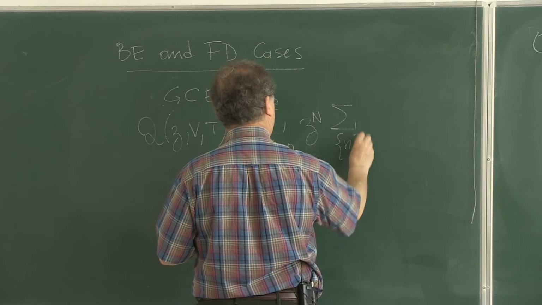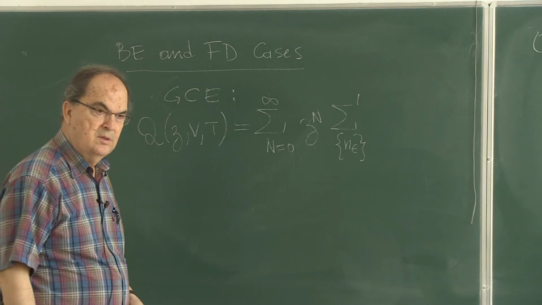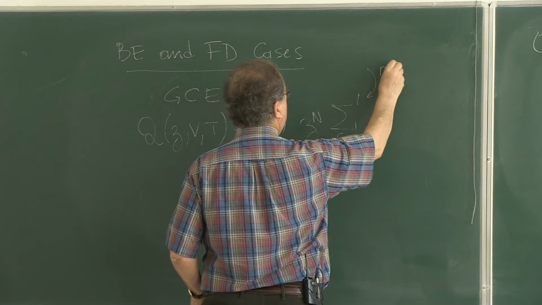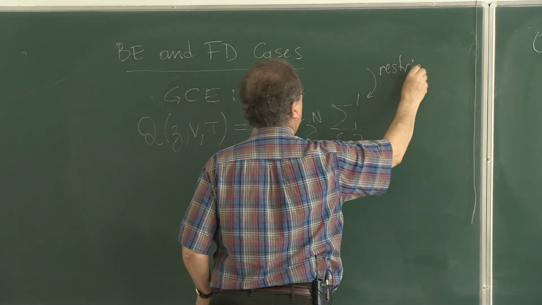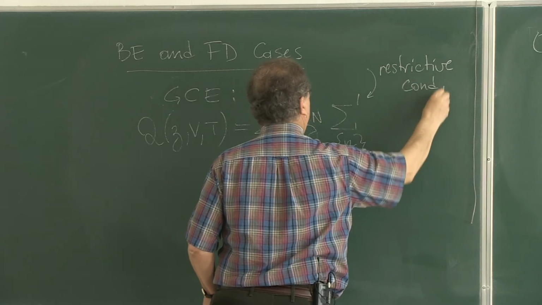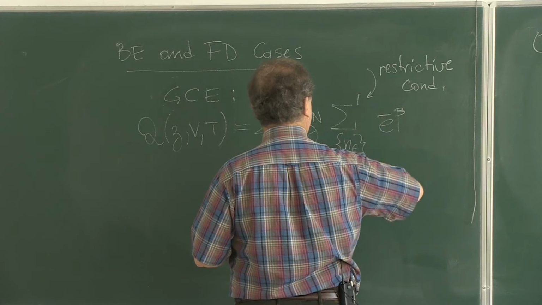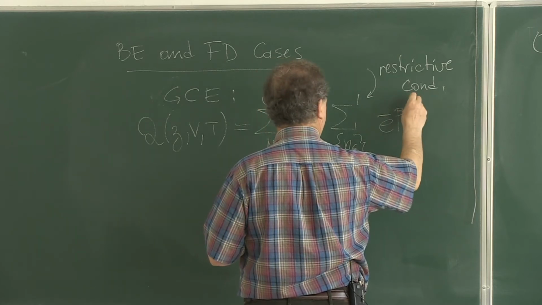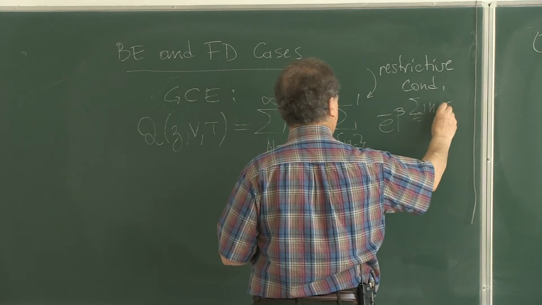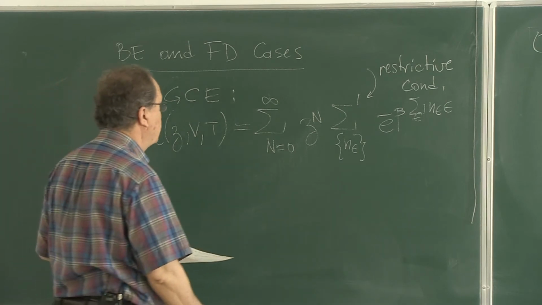You have to really understand this with the restrictive condition, okay? That prime shows the restrictive condition, of the exponential of minus beta sum n epsilon times epsilon. That's it.